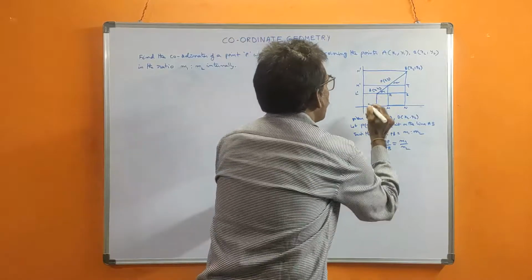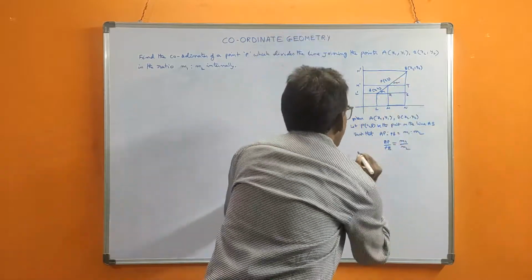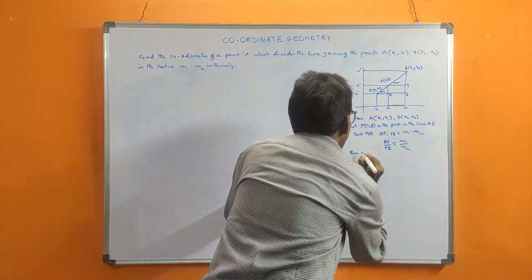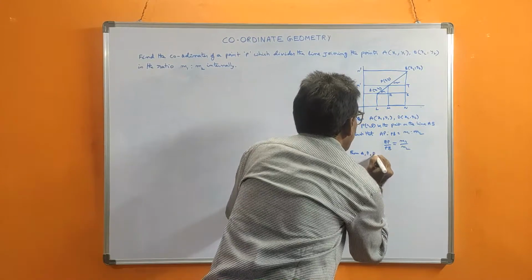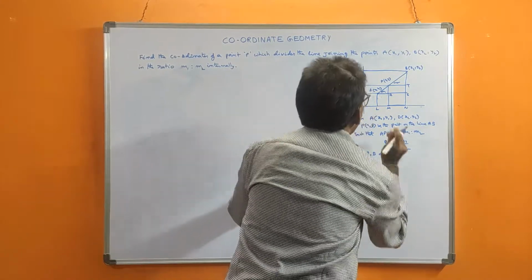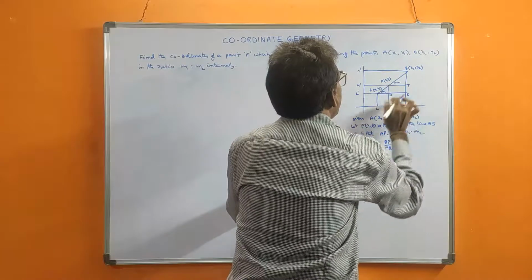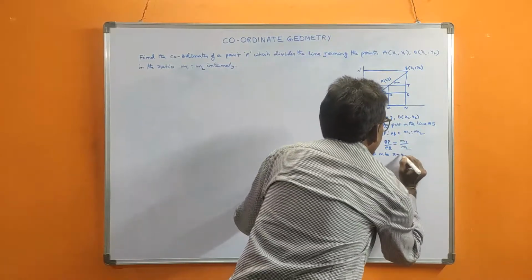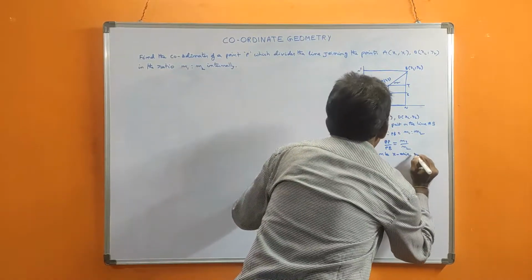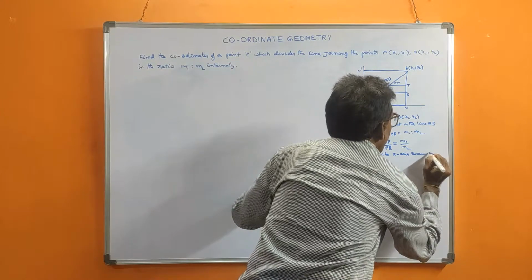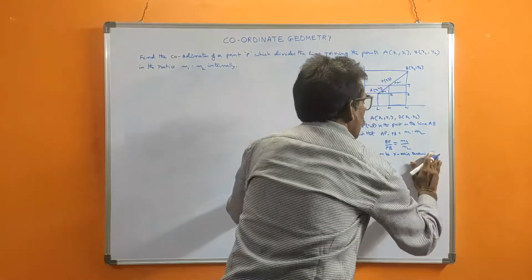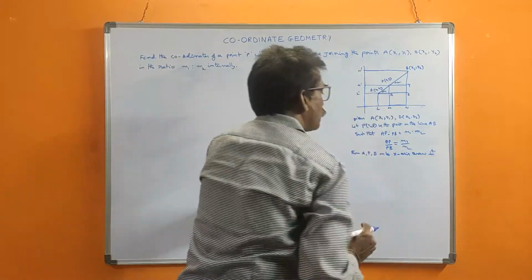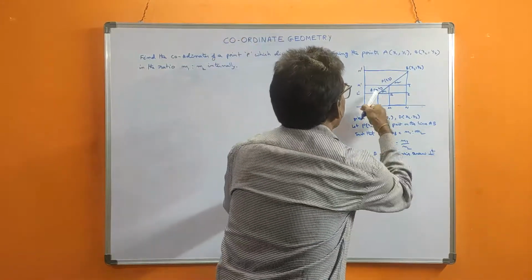See, from A, P, B onto which axis? The x axis, draw perpendiculars. What are those perpendiculars?